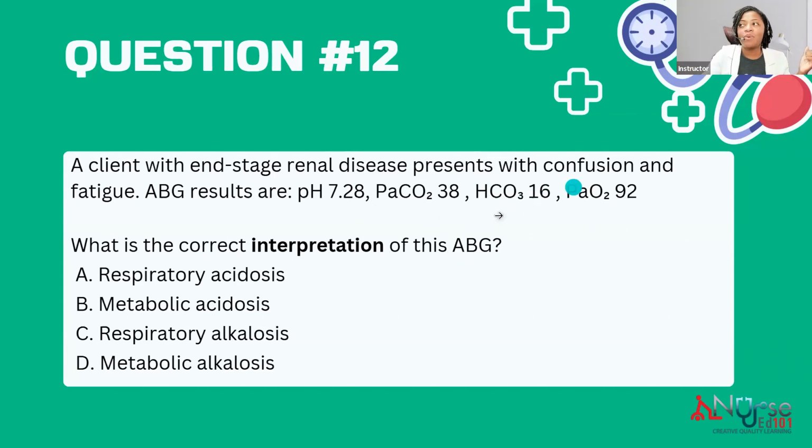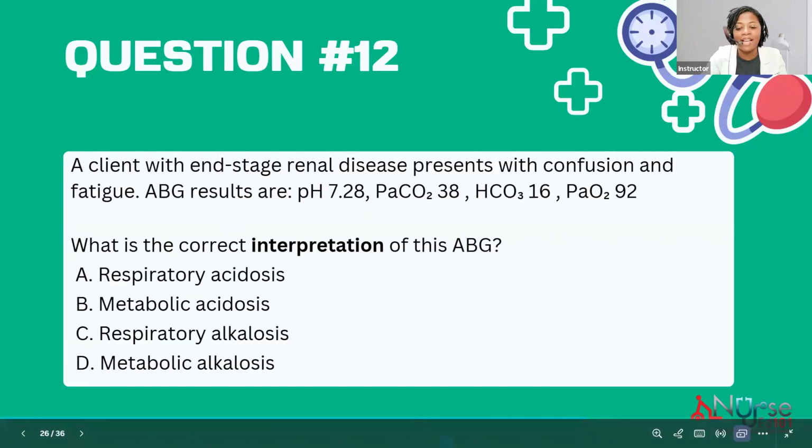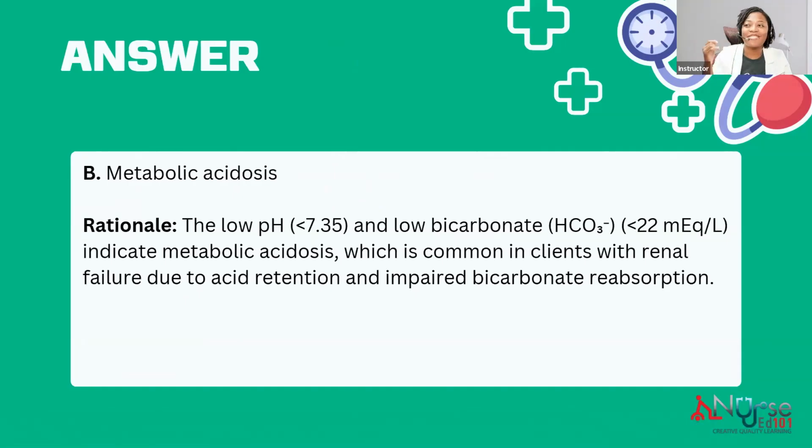Once again, remember the acronym ROME: respiratory opposite, metabolic equal. The pH is going low, and the HCO3 is going low, so they're going in the same direction, going down. All in all, this puts our answer towards metabolic acidosis, option B.